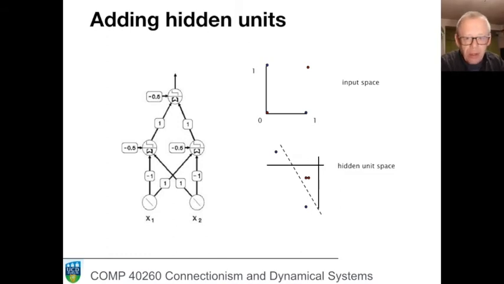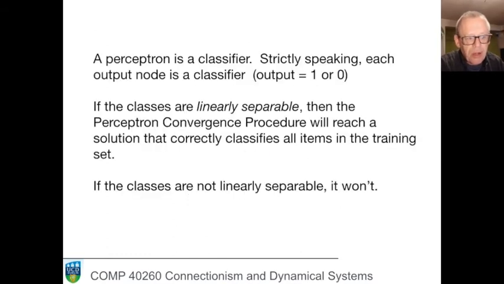Now, in all these 3 cases so far, the perceptron has been used as a classifier, or rather each output node, of which we only had one, is a separate classifier. Its output is 1 or 0, and the experimenter will interpret that value as meaning that an input pattern belongs or does not belong to a specific class.